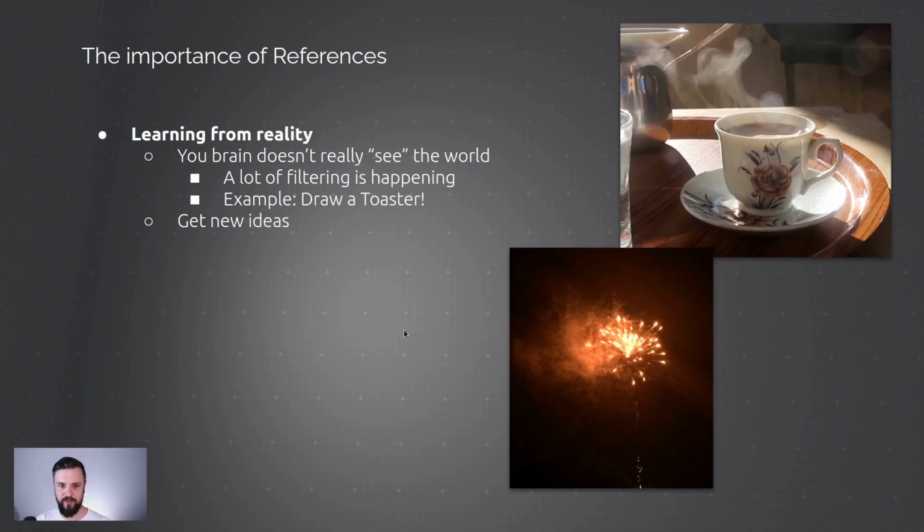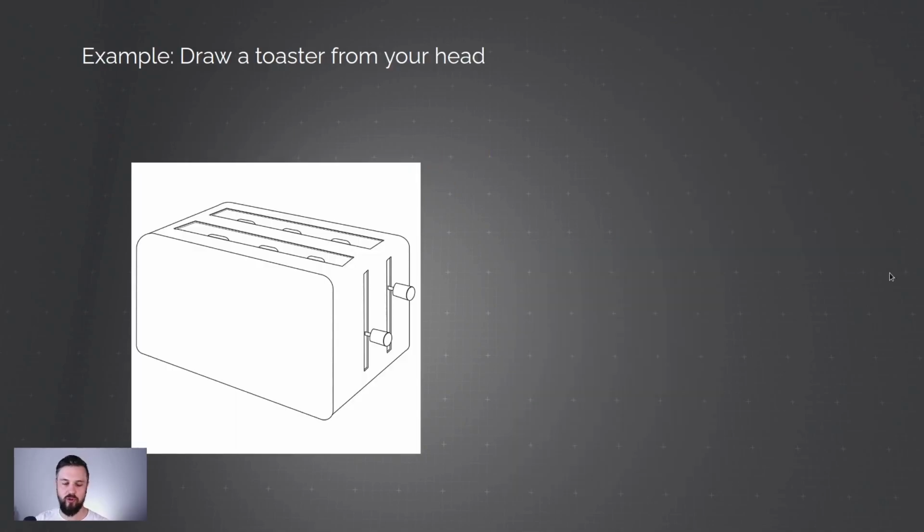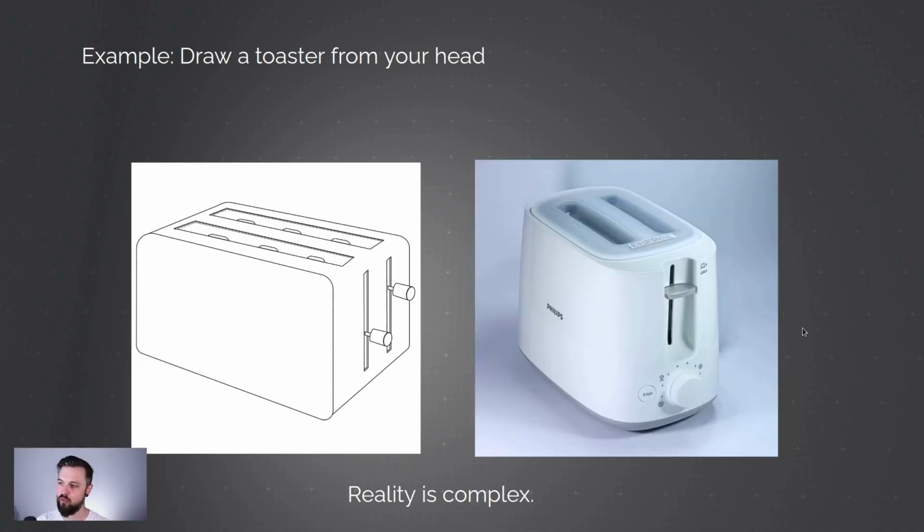And I have an example for this. If I tell you to draw a toaster out of your head, you will, of course, remember the most important things. There's an area where the toast goes in, and there's something that you pull down to start the toasting process. But if you then compare this to a real toaster, you realize that you forgot all kinds of small details.